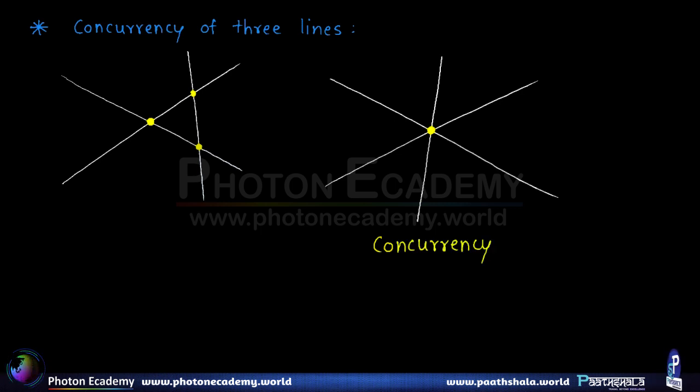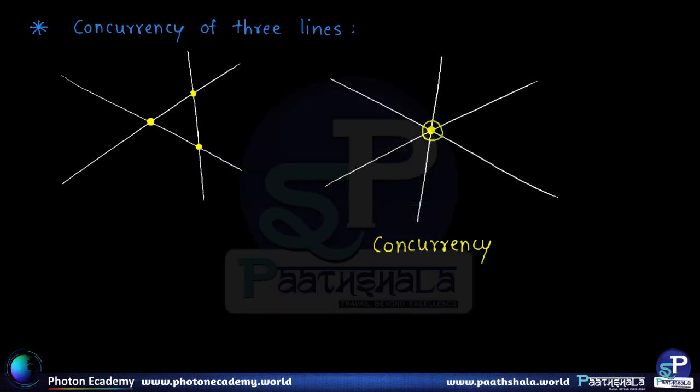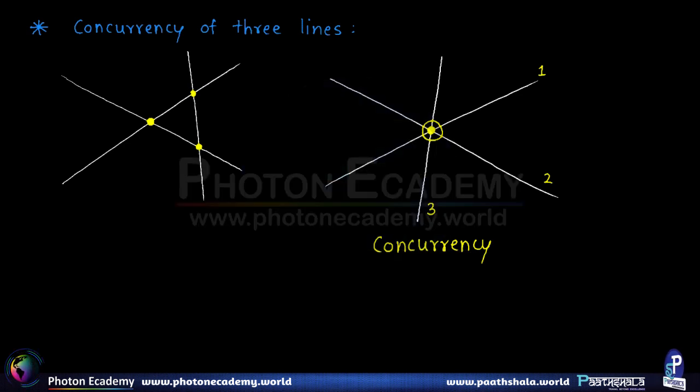When we say that the three lines are concurrent, it means all of them pass through the same single unique point. Now the question automatically comes: if we know the equations of the three lines, without drawing them on the graph, how can we detect whether they are concurrent or not? So let us try to find a condition.